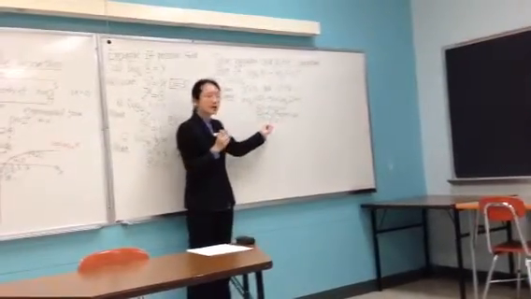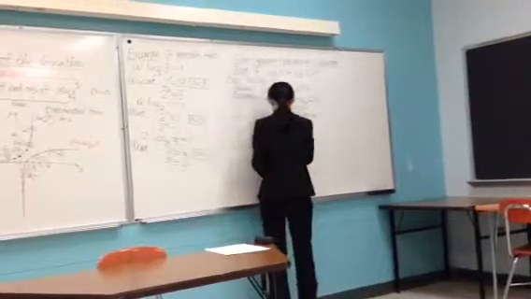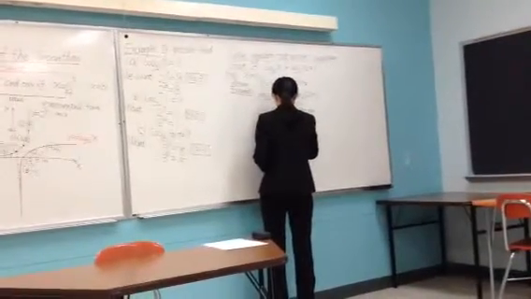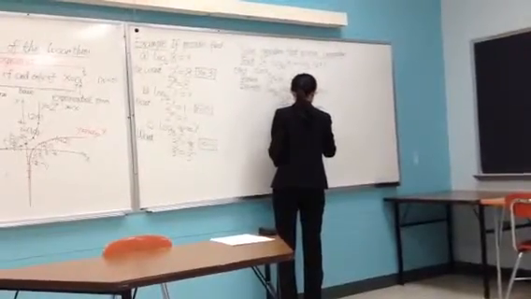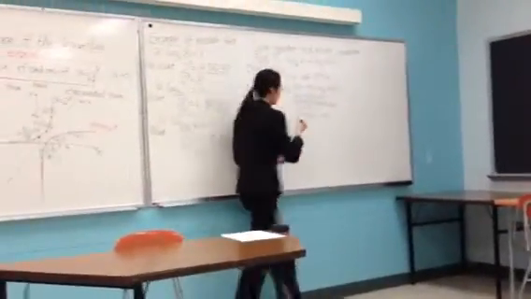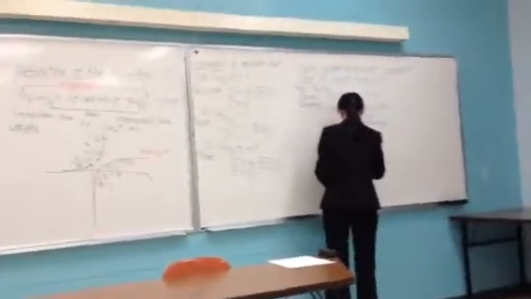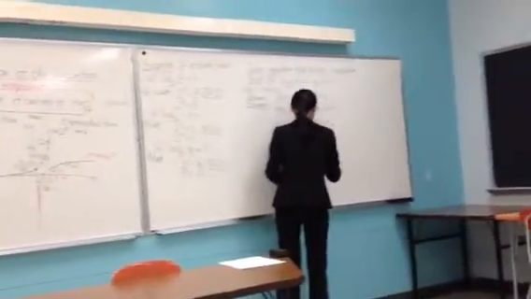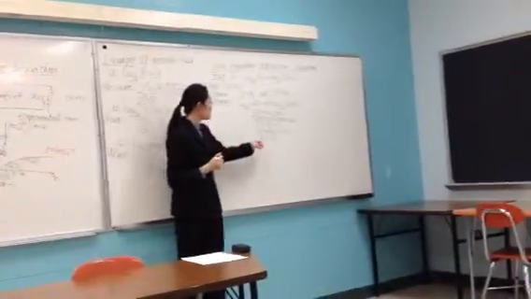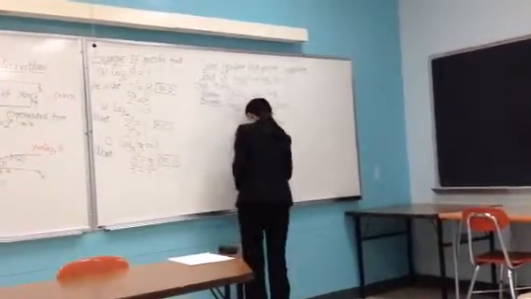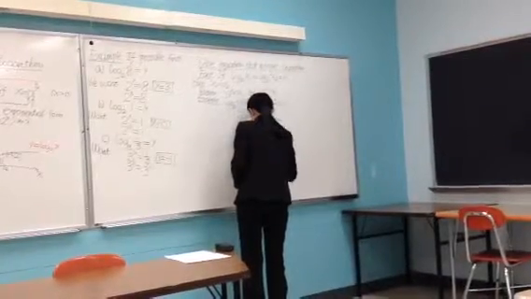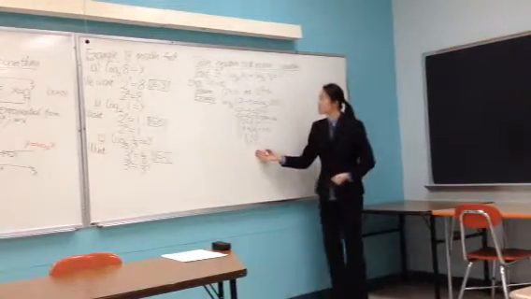Now let's add 5 on both sides. Now let's simplify. Minus 5 and 5 cancel. Now let's divide by 2 on both sides. 2 is not equal to 0, so we can divide by 2 on both sides. Okay, this is our solution.